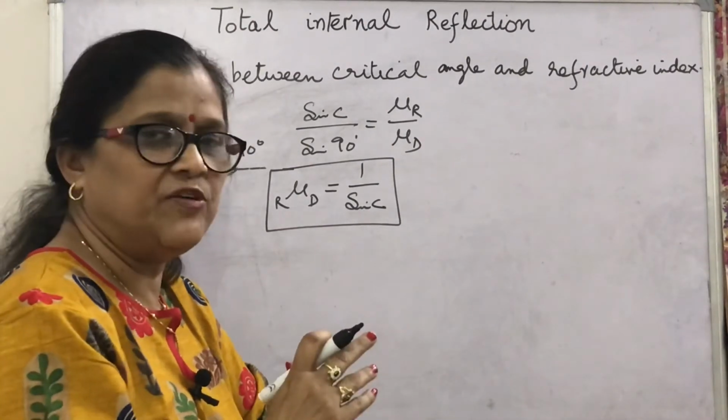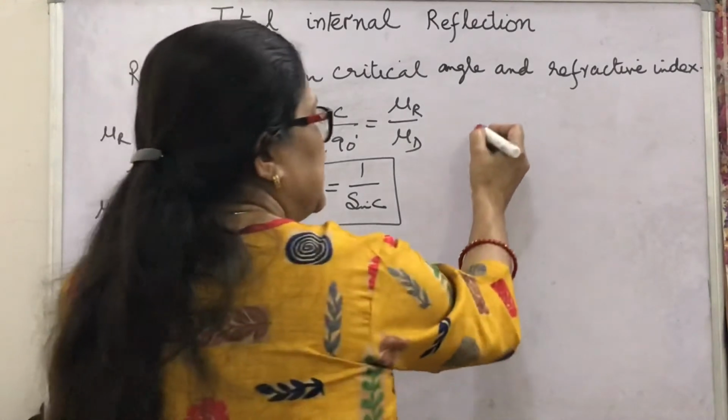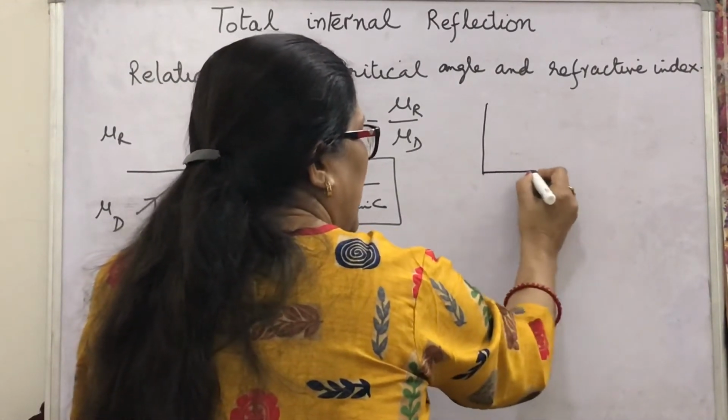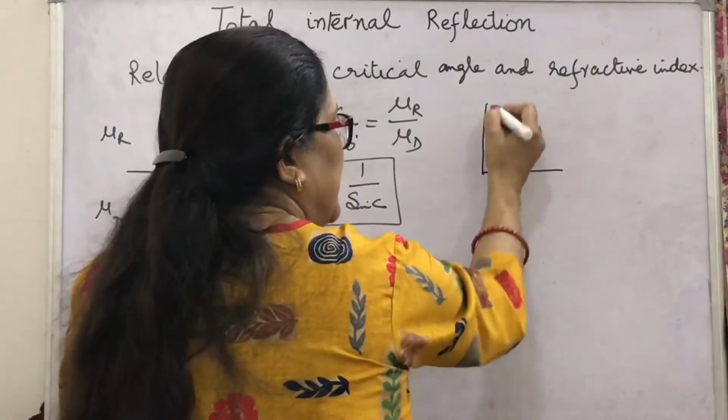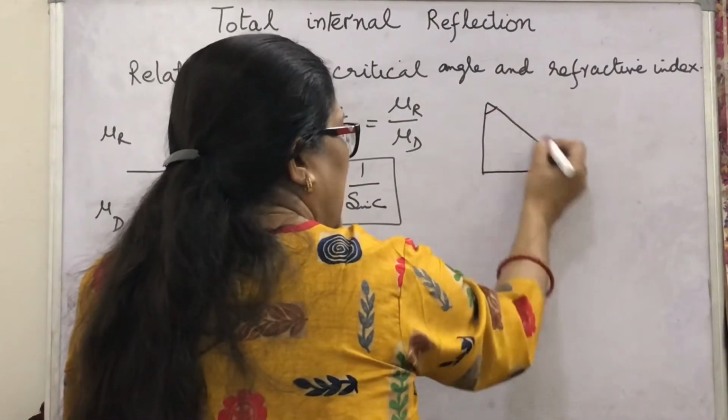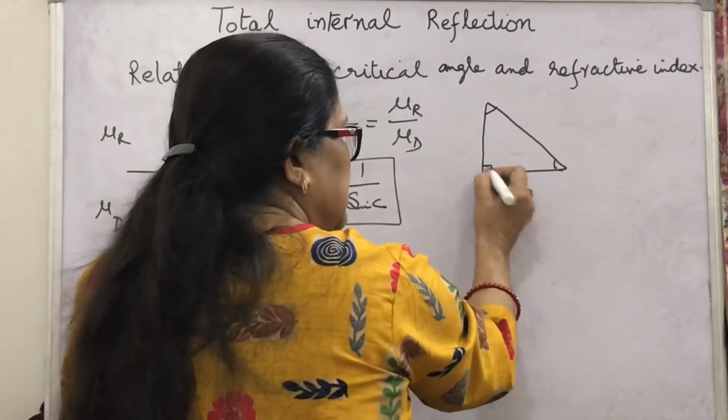How? Let's see. Look, in the case of a prism, if you have two sides the same and one angle is 90 degrees, then these two angles are 45 and this is 90 degrees.